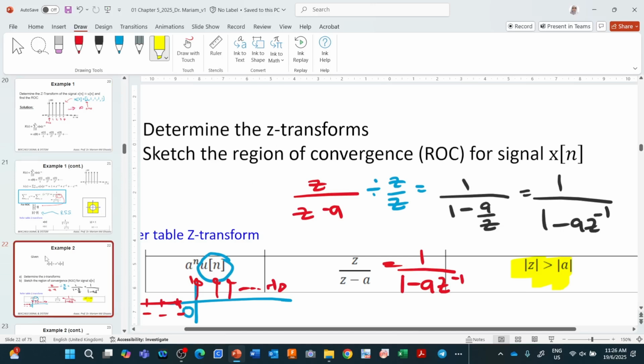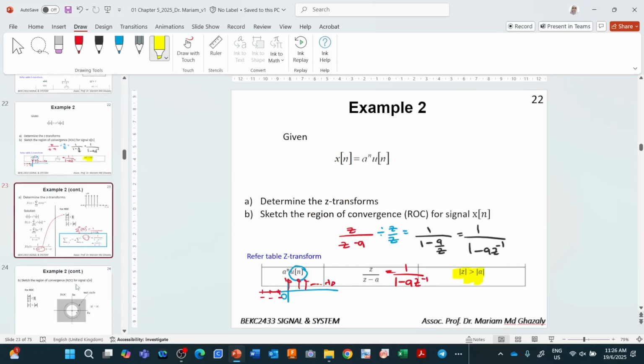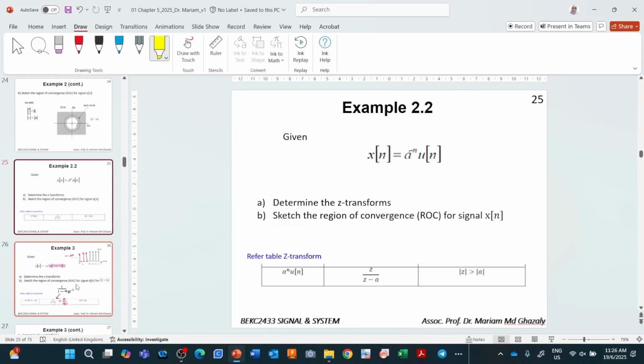We didn't do this derivation, but you can refer to my YouTube. Similarly, since you can identify that this one is u[n], it is a right-sided sequence.